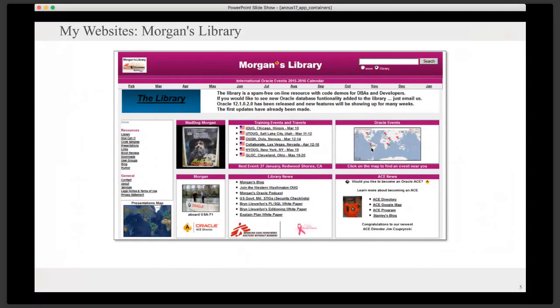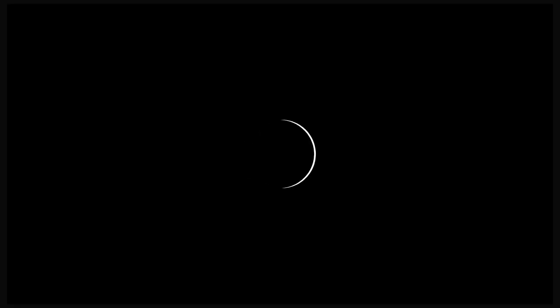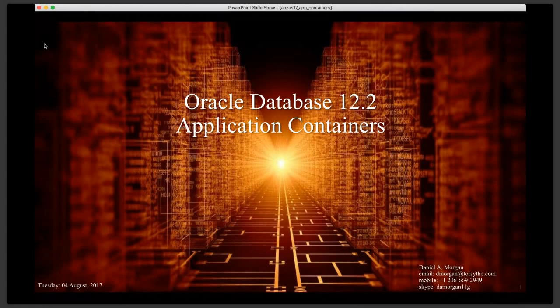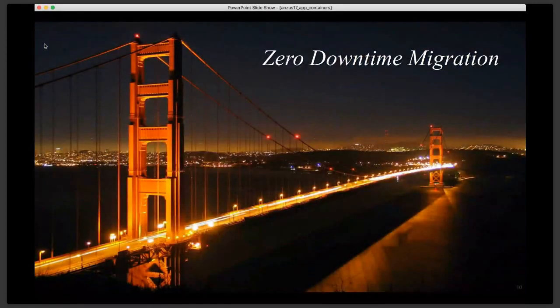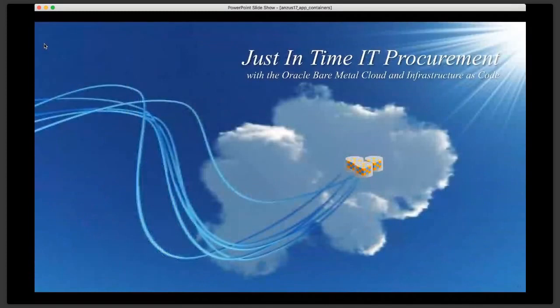In the U.S. is the second largest security integrator in North America, U.S., Canada, and Mexico. And therefore, I spend a lot of my time also. So a lot of work with database performance. Next slide. A lot of work with zero downtime, migrating very large databases where we can migrate databases without any downtime.